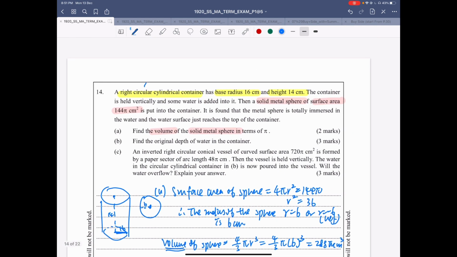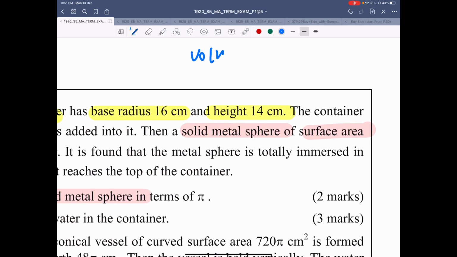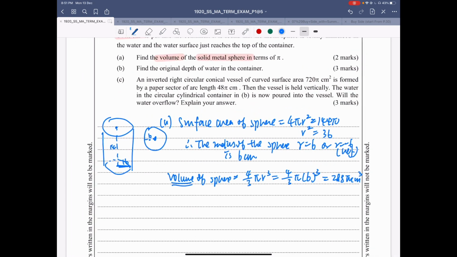Remember, the units are very important. Volume will be cm cube or m cube, and area should be cm square or m square. So this is for part A.